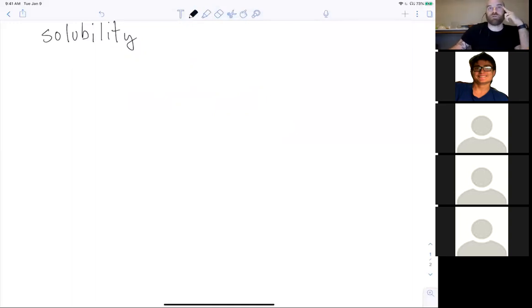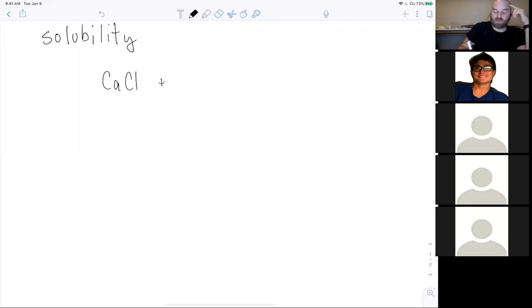So if you're trying to figure out what happens when you combine two things, let me think of an example that's not on the GChem website. Calcium carbonate is a good one. If I take two salts, like calcium chloride, and I mix it with another salt, sodium carbonate.